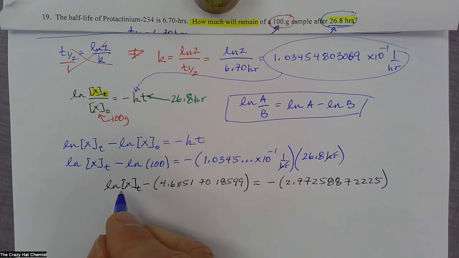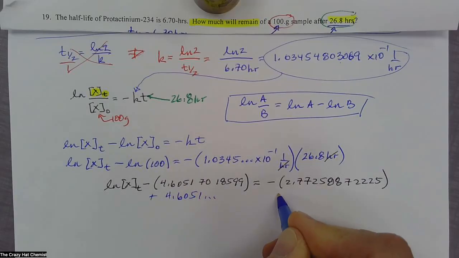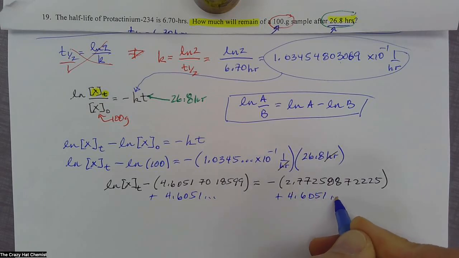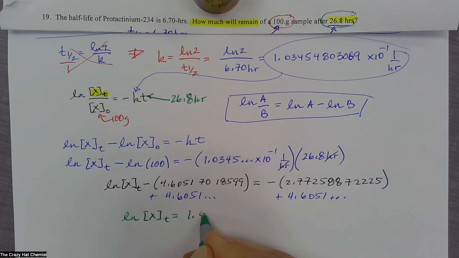What we're going to do is solve for x. So we're going to have to add 4.6051 to both sides. So now we have natural log of x sub t is equal to 1.83258146374.